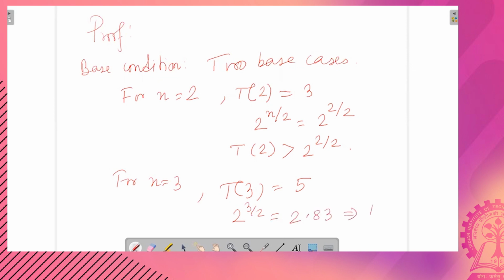This implies that T3 is indeed larger than 2.83. Now, given that the base conditions hold, we can proceed for the induction hypothesis. Our induction hypothesis is as follows.